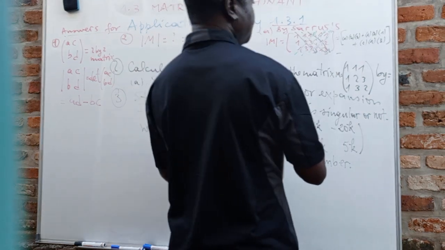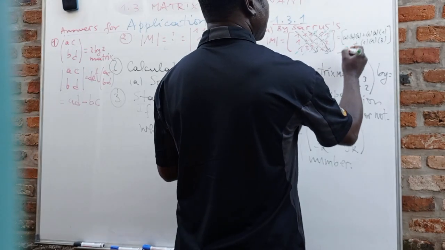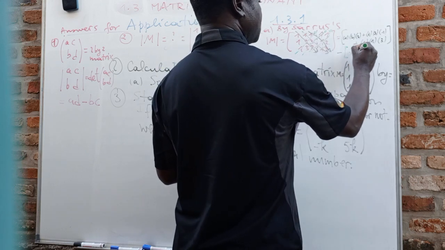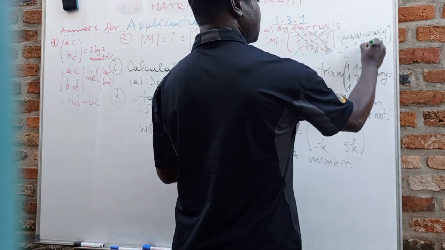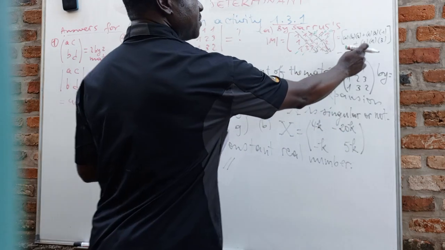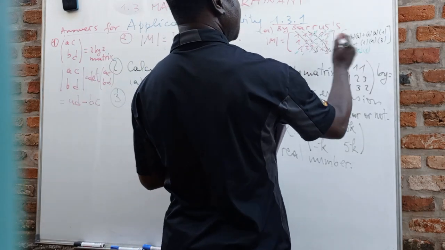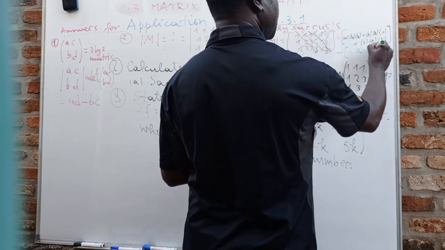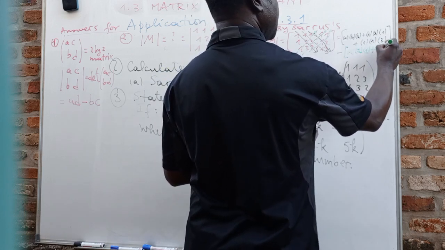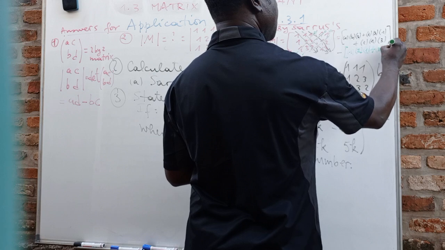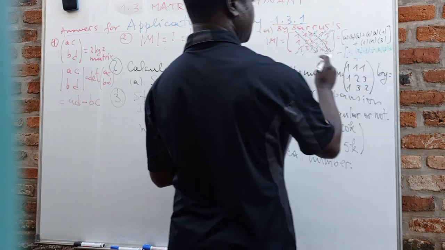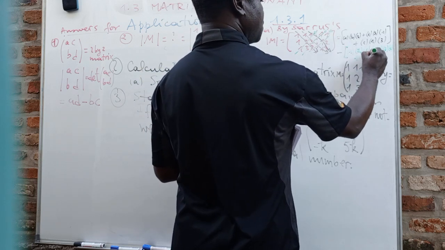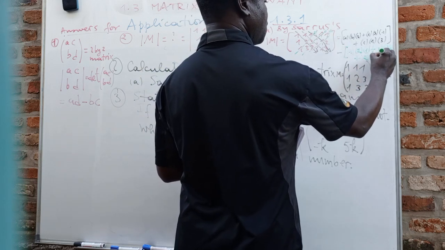So we will have the product 1 times 2 times 1, 1 times 2 times 1, 1 to 1, 3, 3, 1, plus 3, 3 times 1, now plus finally 2, 1, 1, 2, 1 times 1.